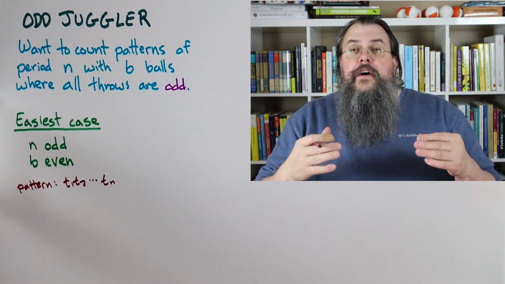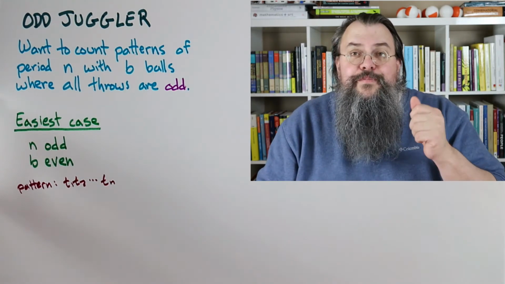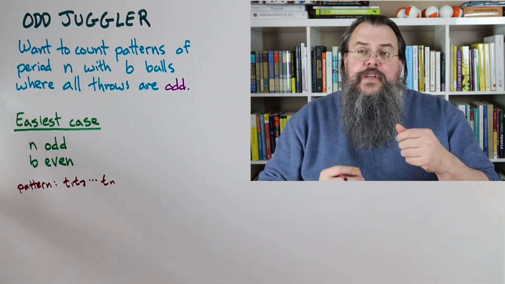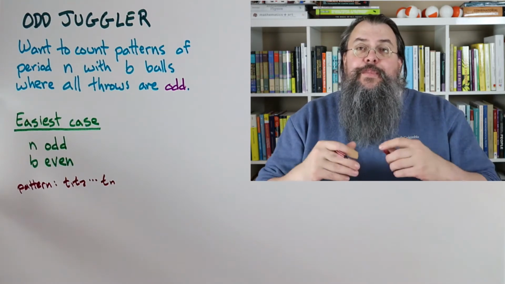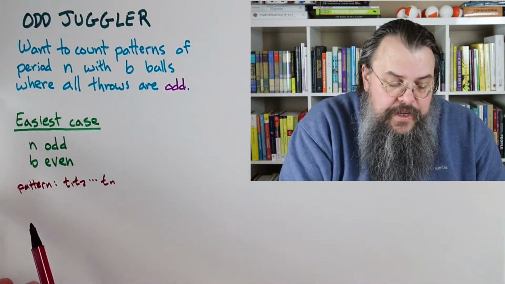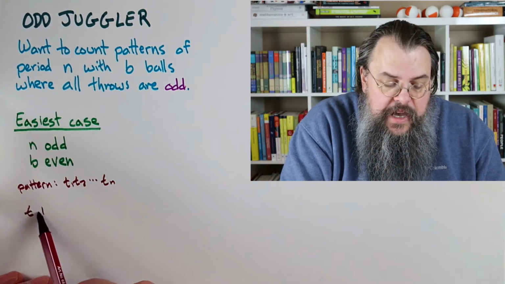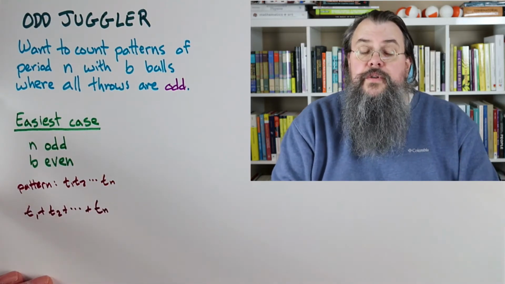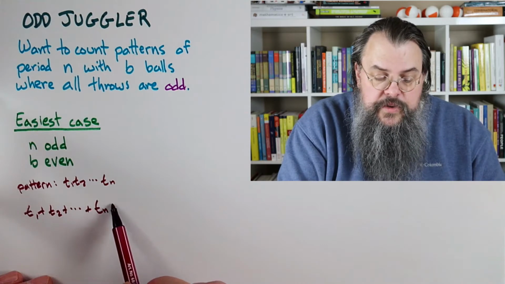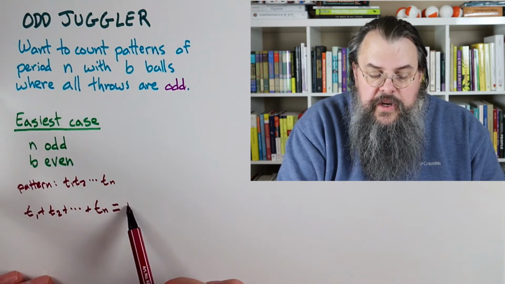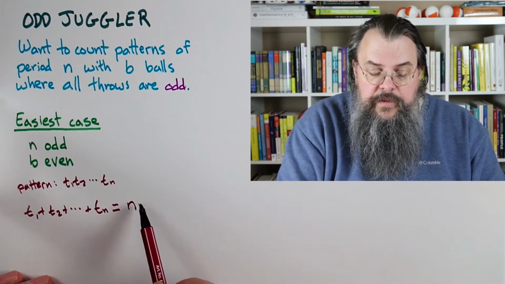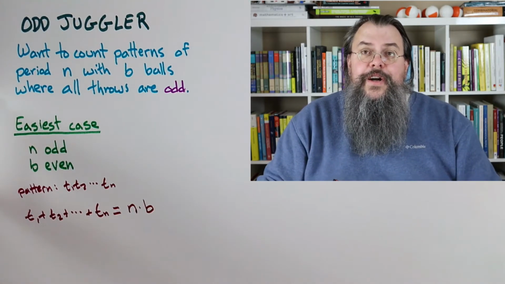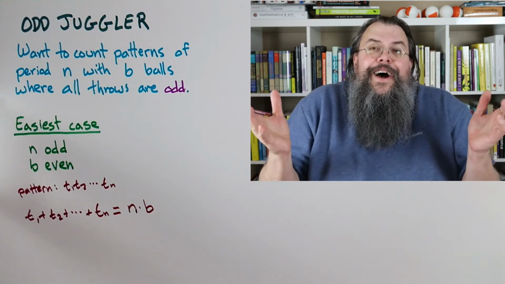Now we have one of our most basic facts, the one that we used strings to prove, which says that if you add up all these throws, what must be true is that the sum is the period, which is n, times the number of balls, which is b.